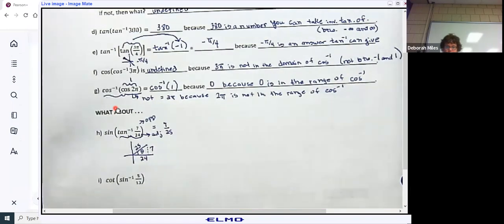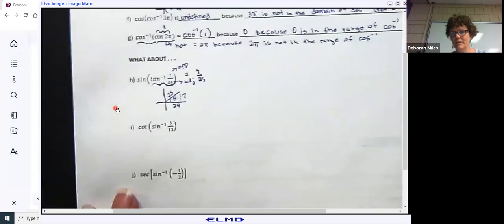I just draw the angle whose tangent is 7/24 and then find sine of that angle. This seems a little easier, right? Okay, let's do another one.